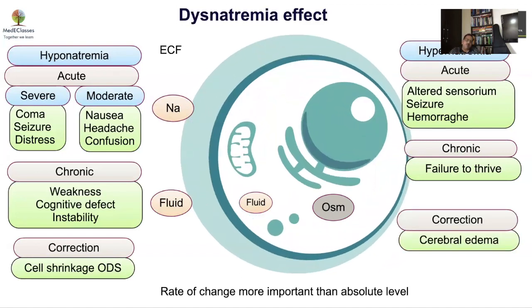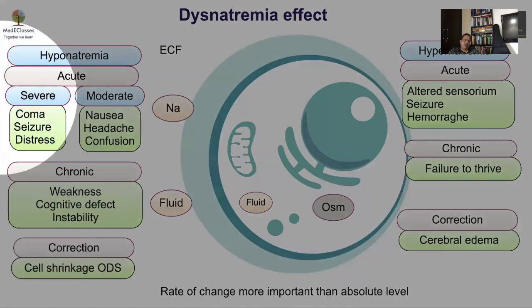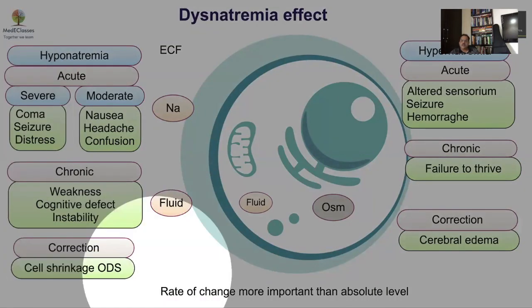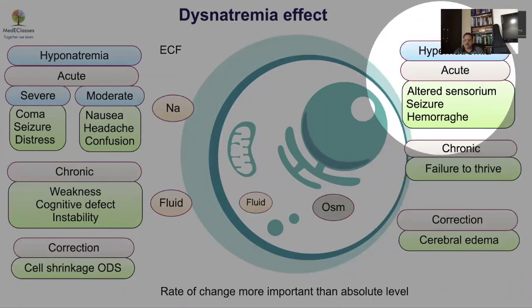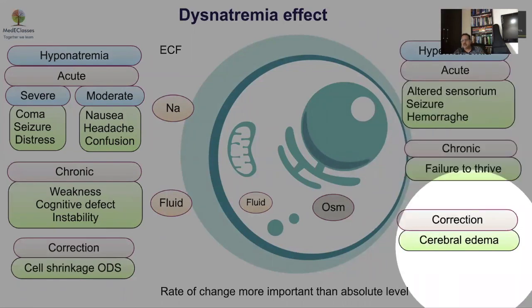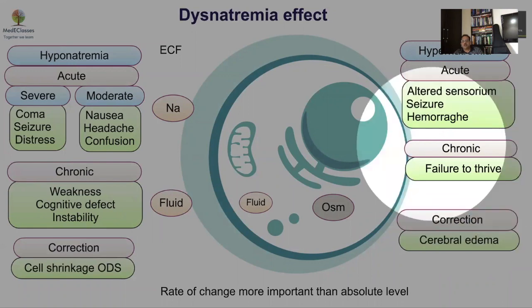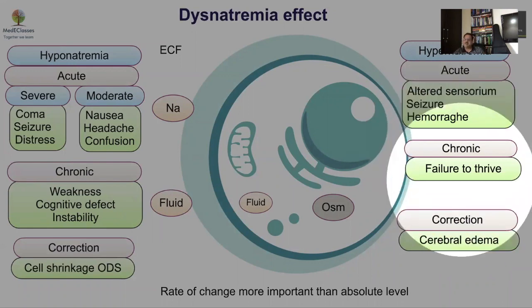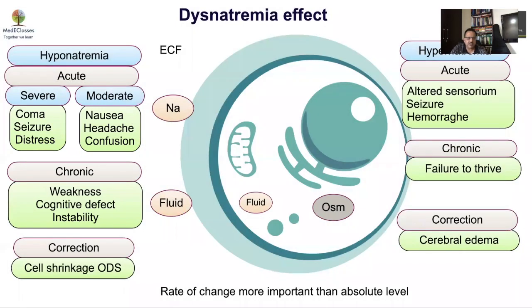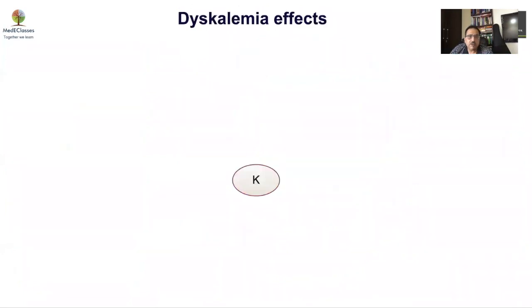So hyponatremia is associated in the acute state with cerebral edema, and shrinkage if we correct rapidly. Hypernatremia is associated with shrinkage initially and cerebral edema if we correct it rapidly. Chronic presentations are more with failure to thrive, fever, and dehydration for hypernatremia, and weakness, cognitive defect, and instability in the setting of hyponatremia.